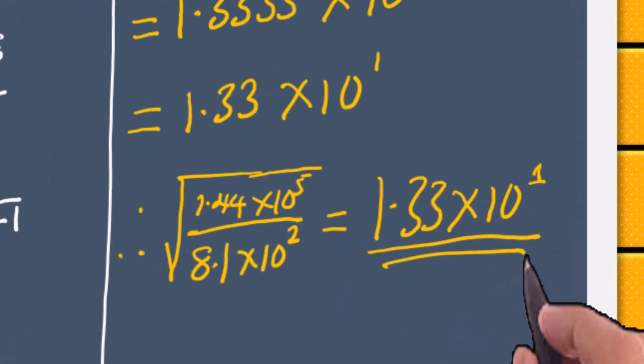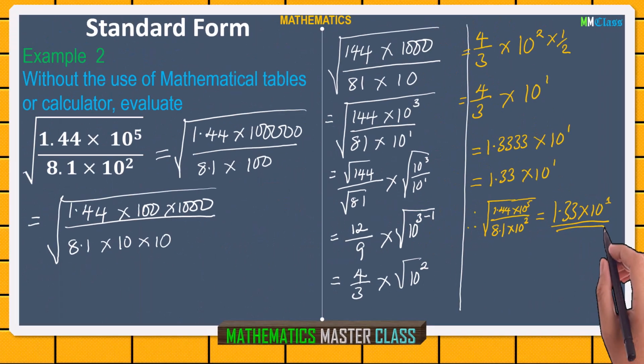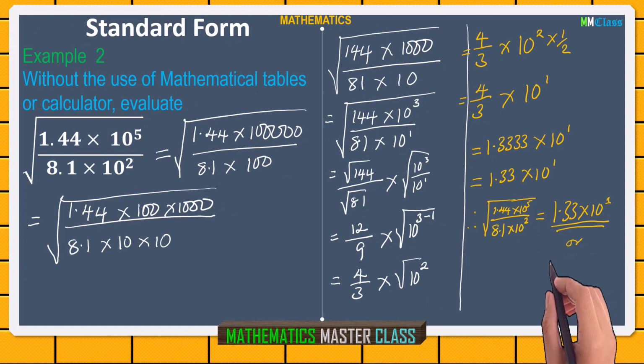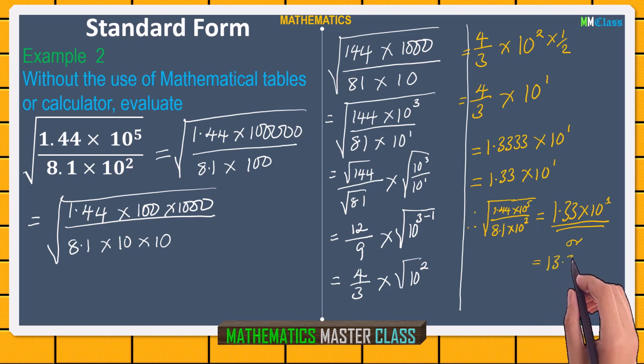So our final answer is also written in standard form. If you don't want to write it in standard form, it can also be written as, because there is no specification that the answer must be written in standard form, 13.3. So thank you and God bless you.